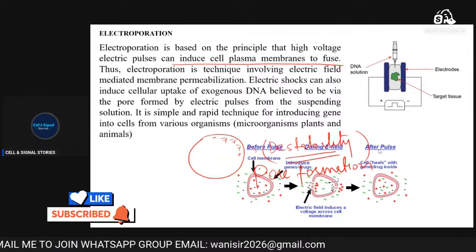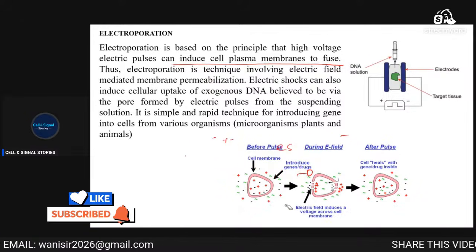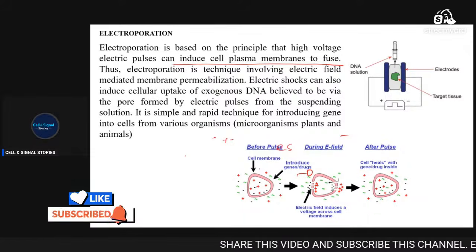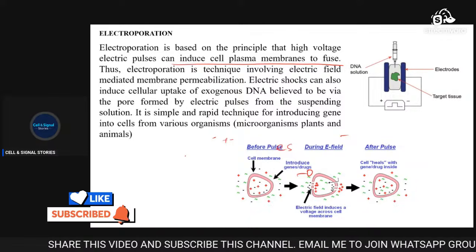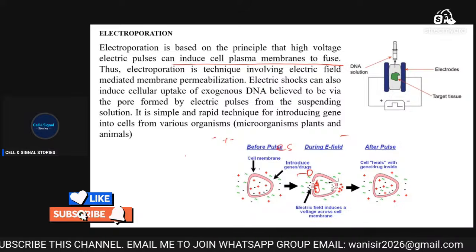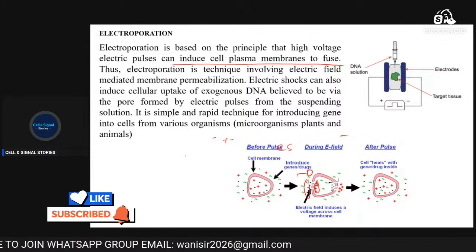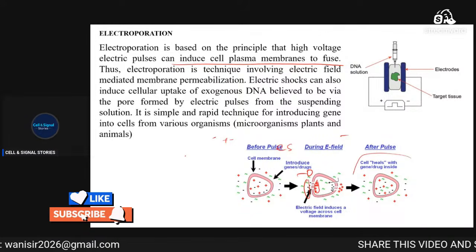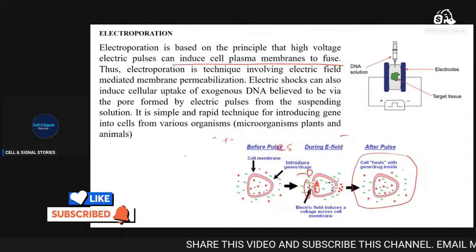This is a brief diagram which shows that before the pulse, the ions inside the cell are dispersed, and then the voltage is introduced and the electric field induces a voltage across the membrane. That means positive charge comes inside, negative charge goes outside, and this creates pore formation. Through these pores the DNA enters the cell, and this is the way the cell ends up with the gene or drug inside after the pulse.